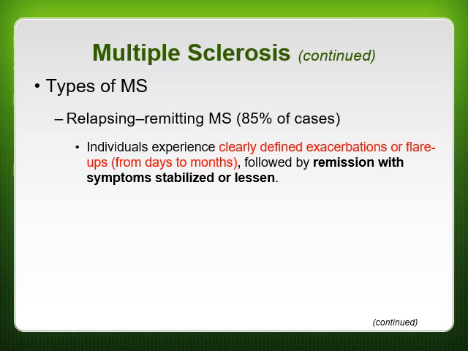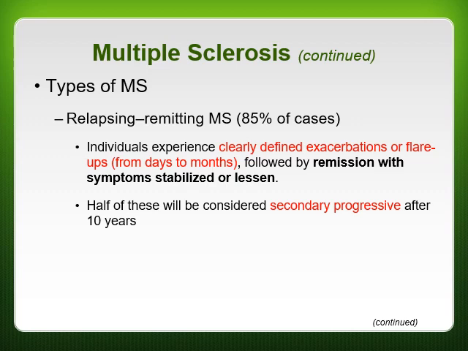Symptoms either stabilize, or they're not getting worse, or they lessen in general. This is that relapsing remitting. You've got this period of time where it's worse, things are flaring up, it's clearly been exacerbated, and then you've got times when it goes away. So that's relapsing remitting in the majority of cases here.